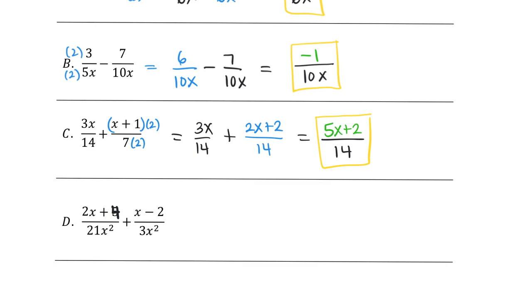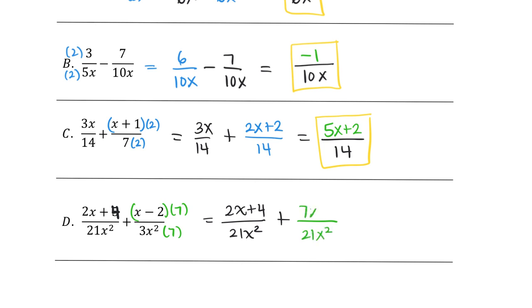Okay, for D, 2x plus 4 over 21x squared plus x minus 2 over 3x squared. Denominators are not common. If I look at this smaller one, I have 3, I want 21. So let me times by 7. And then I'll multiply the entire numerator by 7. Okay, the first fraction was fine. The second fraction, I wanted it to have 21x squared. So I have to times the numerator by 7.